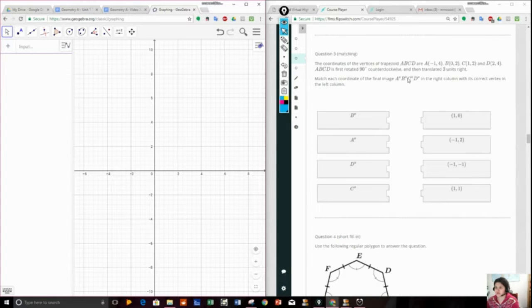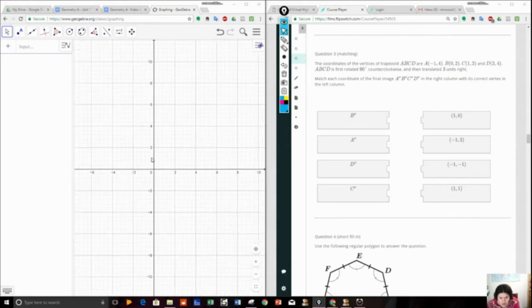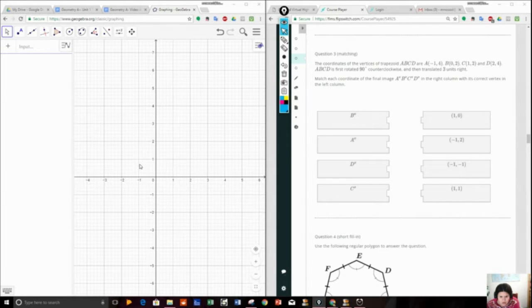And so ABCD is first rotated. Okay, so A is at negative 1, 4.